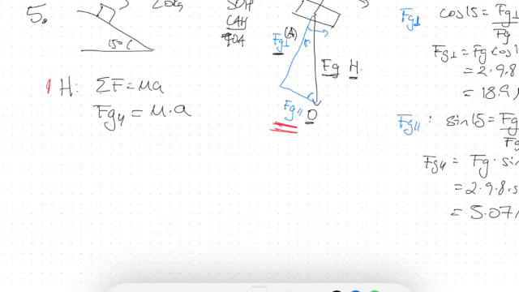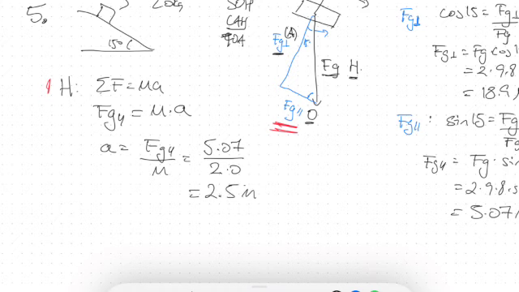So acceleration equals Fg parallel over mass, which is 5.07 divided by 2.0. And that's 2.5 meters per second squared.